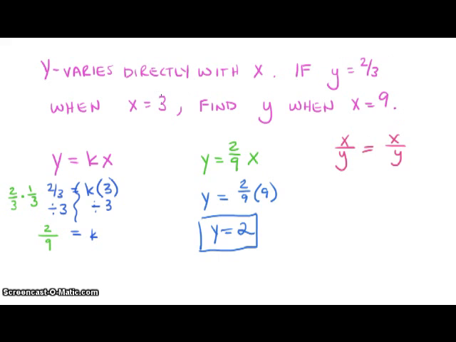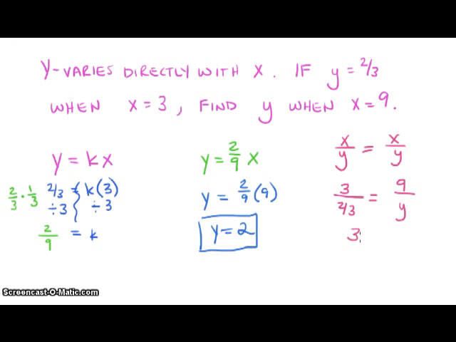So in the first one, x is 3 and y is 2/3. And in the second one, x is 9 and y is a question mark, or our variable. Or you could put y there. Actually, let's do that since that makes more sense. Okay. So then you just cross multiply and solve.